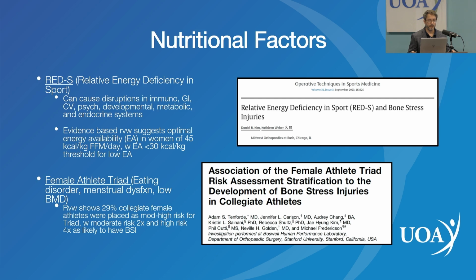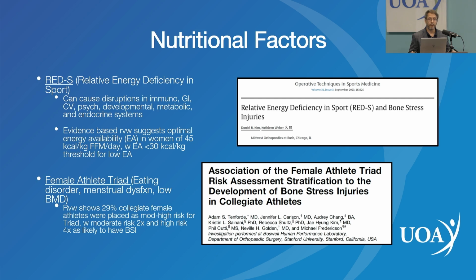And anything lower than a certain threshold can cause disruptions in immunological, gastrointestinal, cardiovascular, psychiatric, developmental, and endocrine systems. There is evidence to suggest that the optimal energy availability, especially in women, should be about 45 kcal per kilogram per day, and anything lower than 30 is a low threshold and risk for disruption of any of these systems.